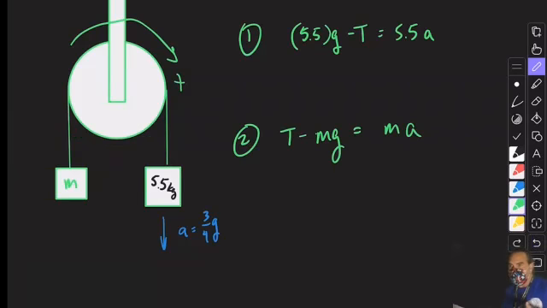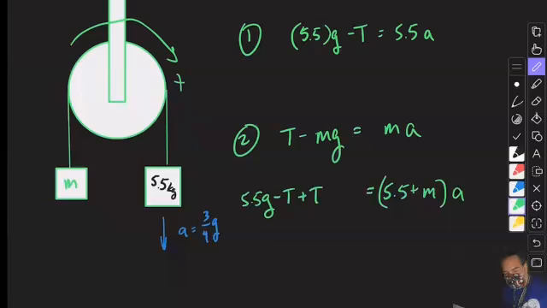So now I'm just going to add the two equations together and get 5.5 plus M all times a equals 5.5 g minus T plus T minus mg. Bye-bye. And now, I mean, you're just going to replace a with 3/4 g and solve for M. Does that make sense?